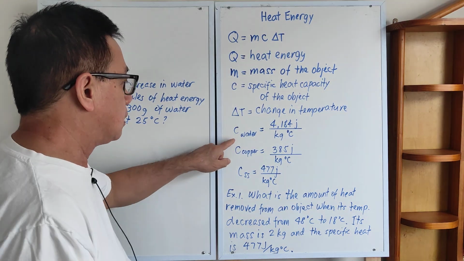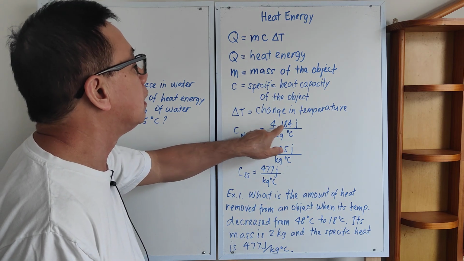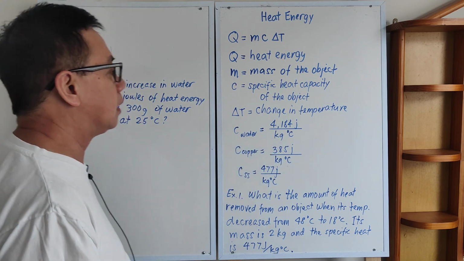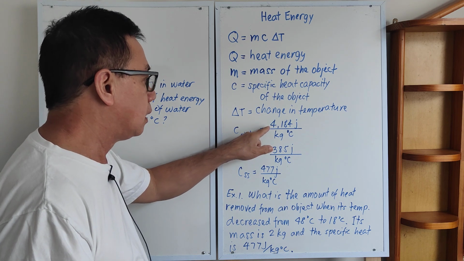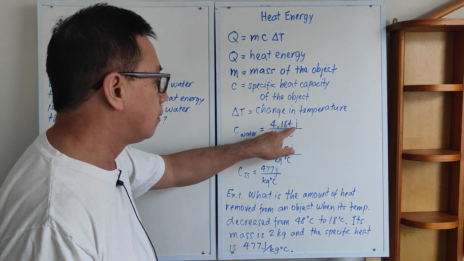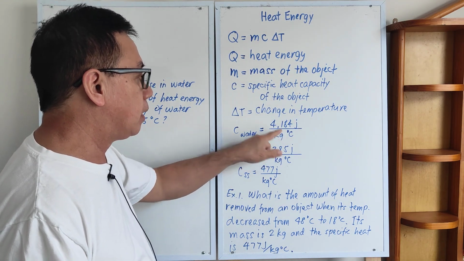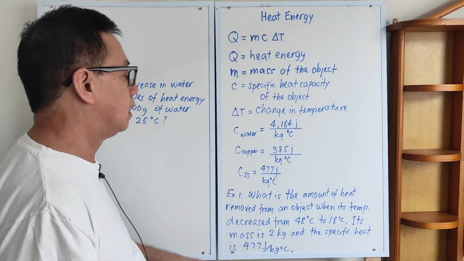The specific heat capacity of water is 4,184 joules per kilogram per degree centigrade. This means that it will take 4,184 joules for every kilogram of water to increase or decrease its temperature by 1 degree centigrade.